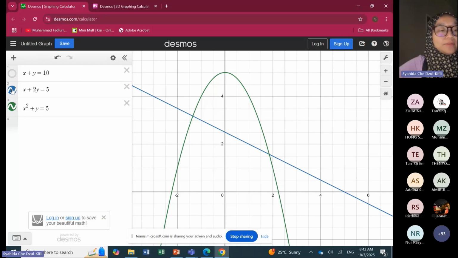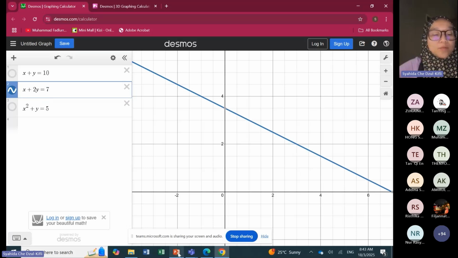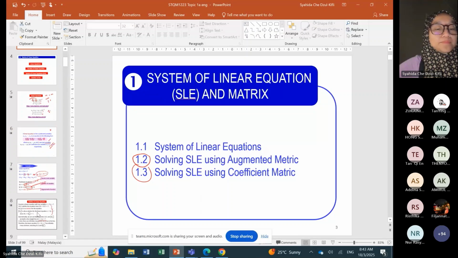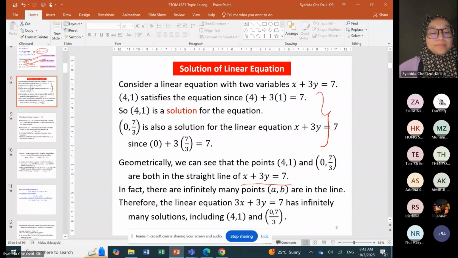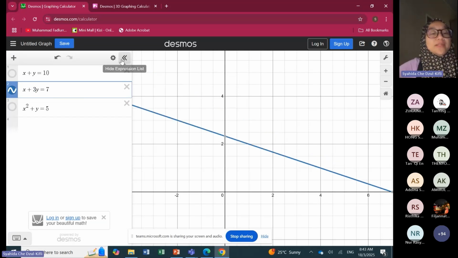What graph is x plus 3y equal to 7? So we have a straight line.